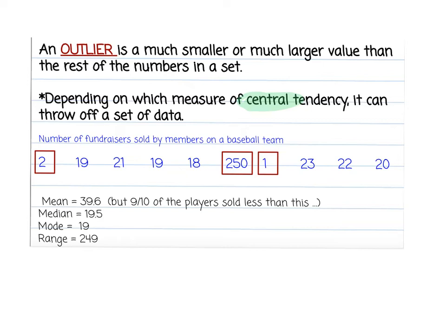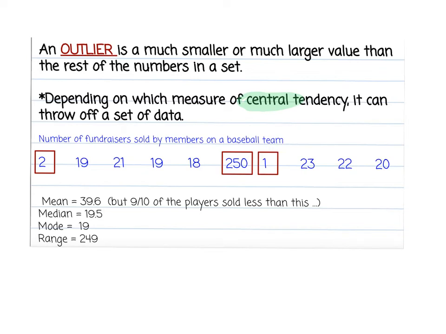So depending on which measure of central tendency you choose, an outlier can really throw off the data. Like we talked about in the mean, if you were thinking about salaries and someone was making $50,000, $49,000, $52,000, and then someone somewhere in the set was making $100,000 or $150,000, that would really throw off the data because it doesn't necessarily fit.